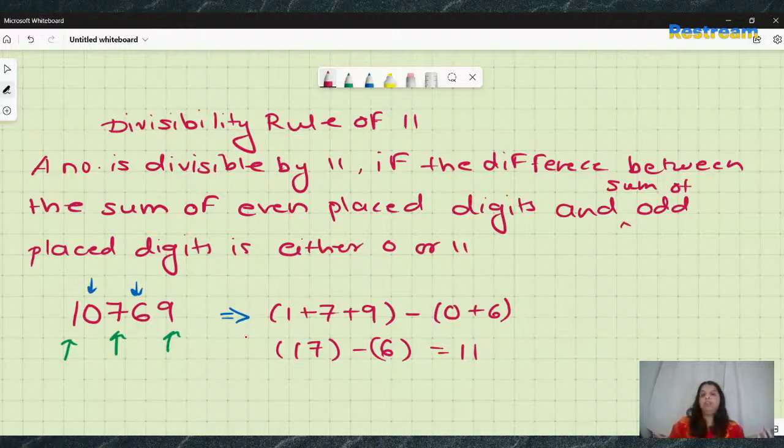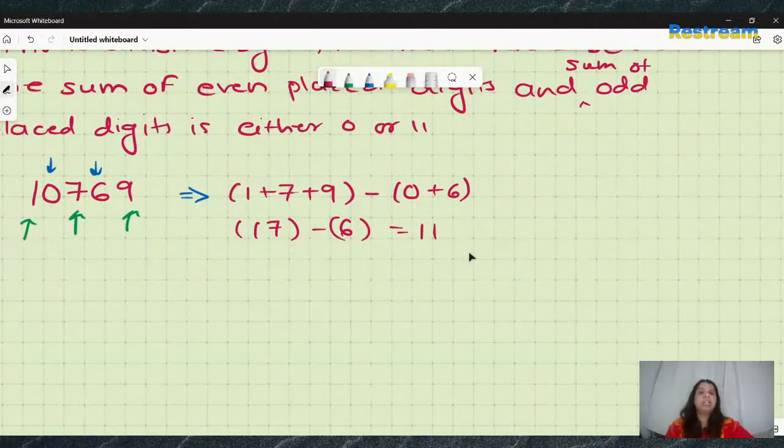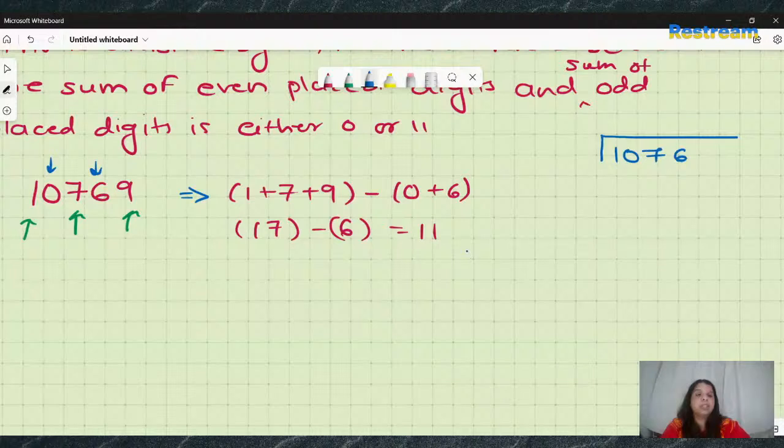So we applied the rule, but let's confirm whether what we have tried is true. I'm going to do the actual long division. This is very important. You cannot forget how to do your long divisions. 769 divided by 11.